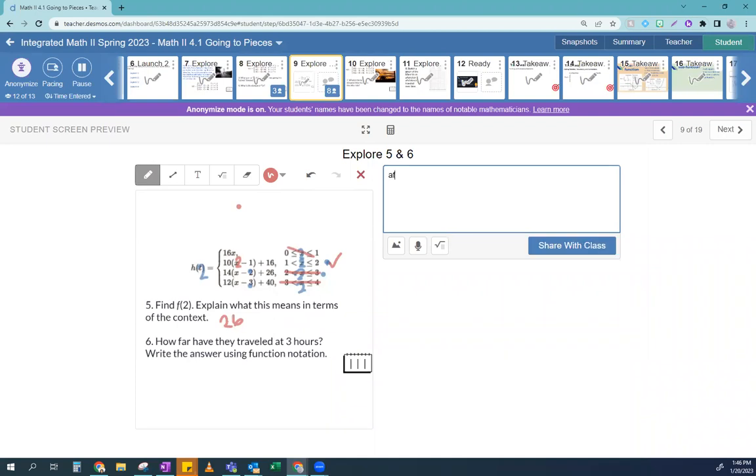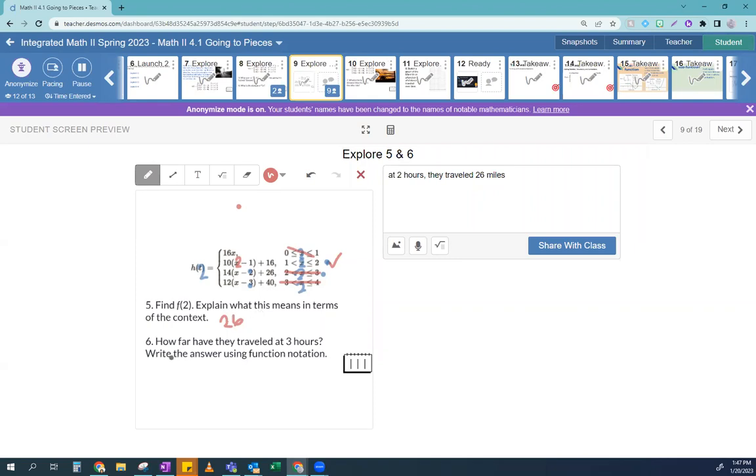So after or at 2 hours, they traveled 26 miles. Is everybody okay with that? Very good. Okay, so that part is the key part. Everything else is just going to confirm your understanding.